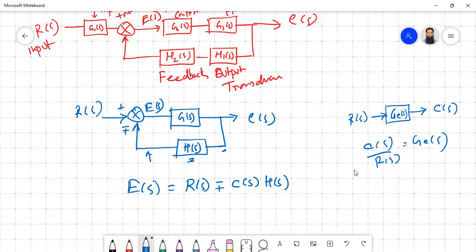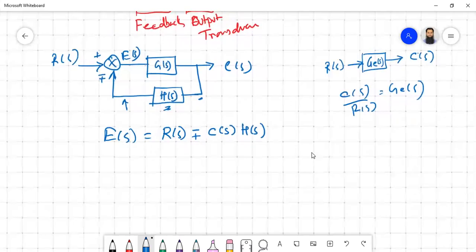Again, what is CS? We have a signal ES here, which is multiplied with GS, giving CS. So CS is nothing but ES multiplied by G of S.